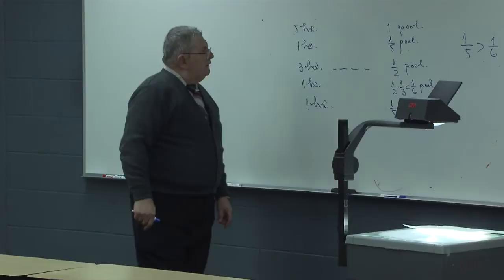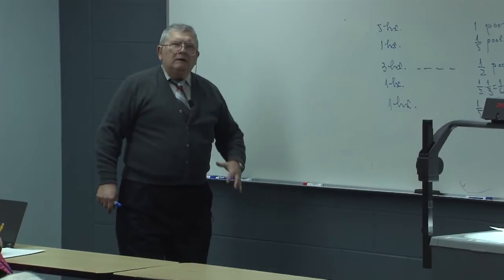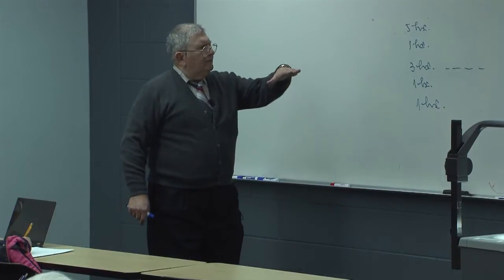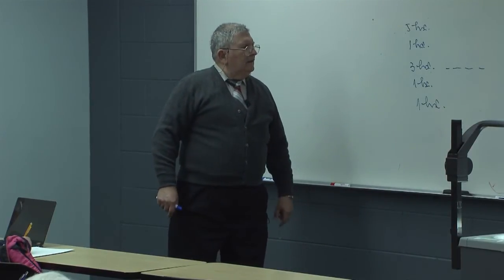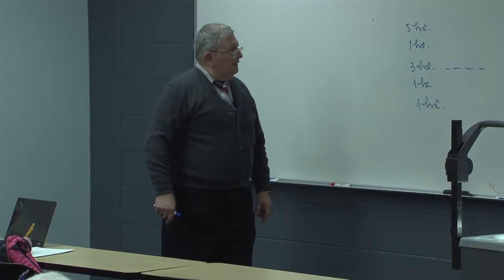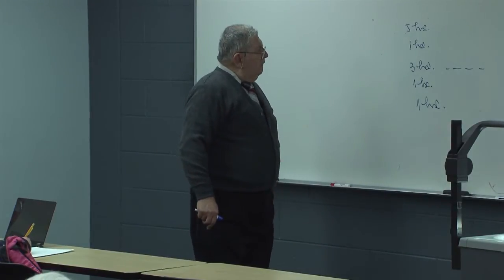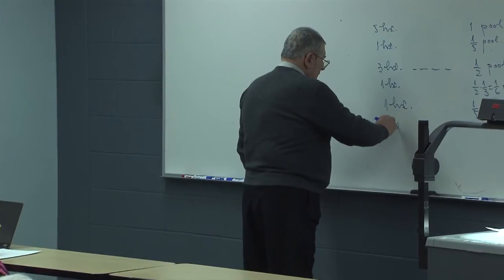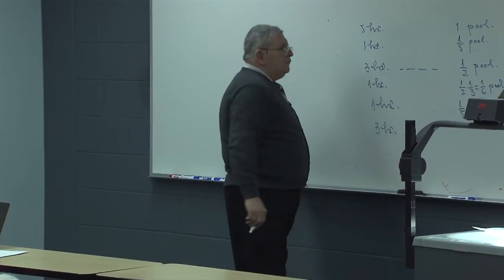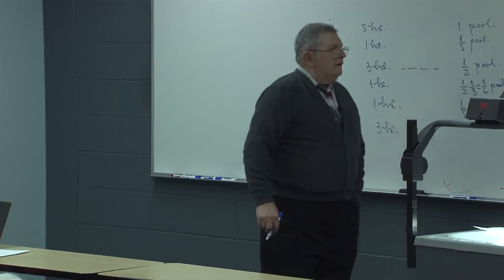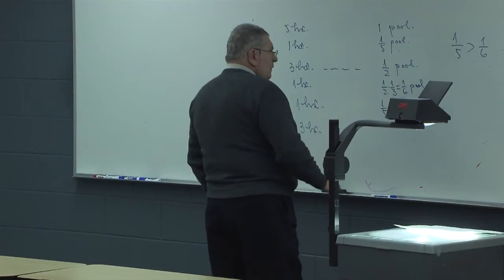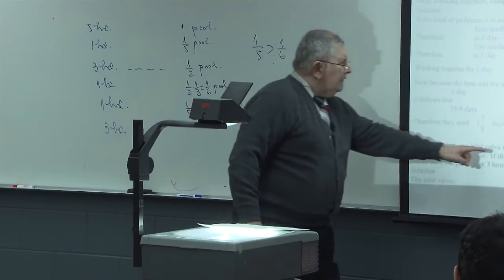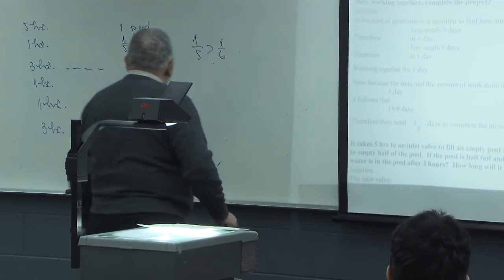So therefore, in 1 hour, the water of the pool is raised by 1/30 of it. Now, in 3 hours, what will it be? Because the pool is half full, do you see?